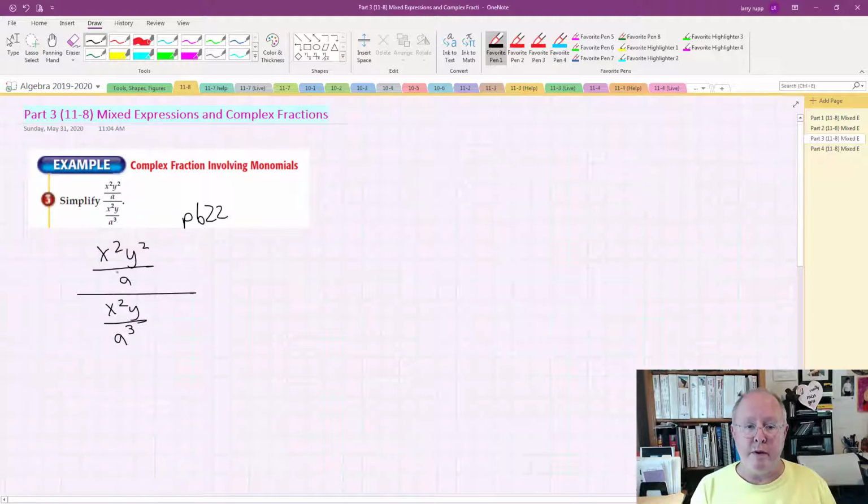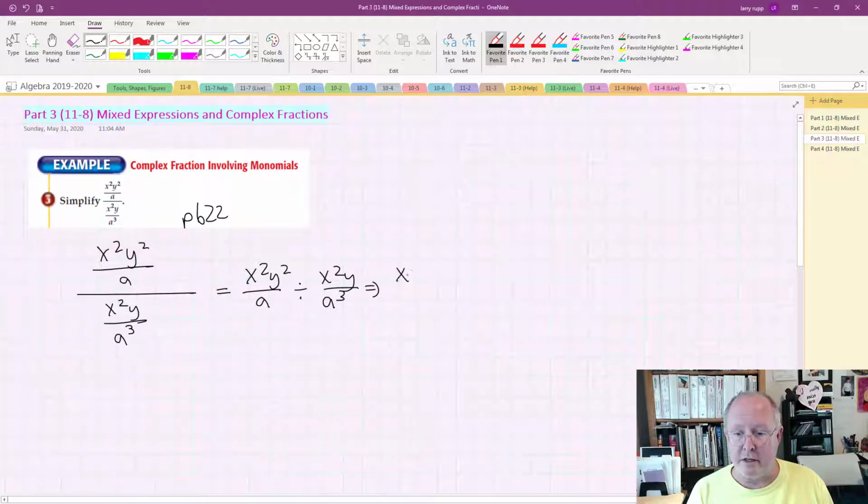Again, remember, the top and bottom fraction bars are smaller than the main one. That helps keep it visually organized. What's this equal? Well, same thing. You can take it and rewrite this way, where you have x squared y squared over a divided by x squared y over a cubed.